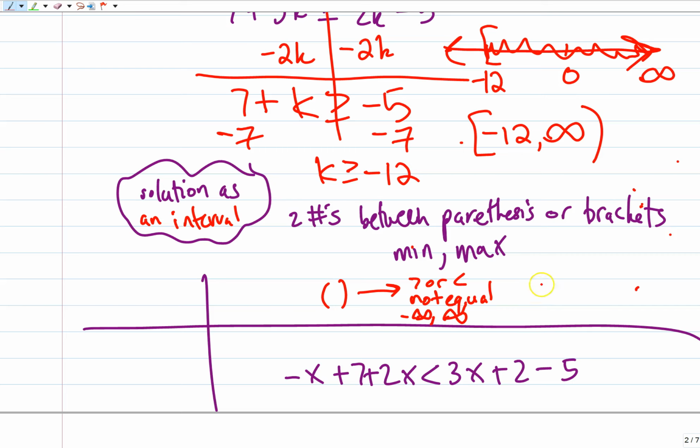When will we use a bracket? Whenever it is greater than or equal to or less than or equal to. The key here is when it is equal, we use brackets. Does that make sense? Okay.